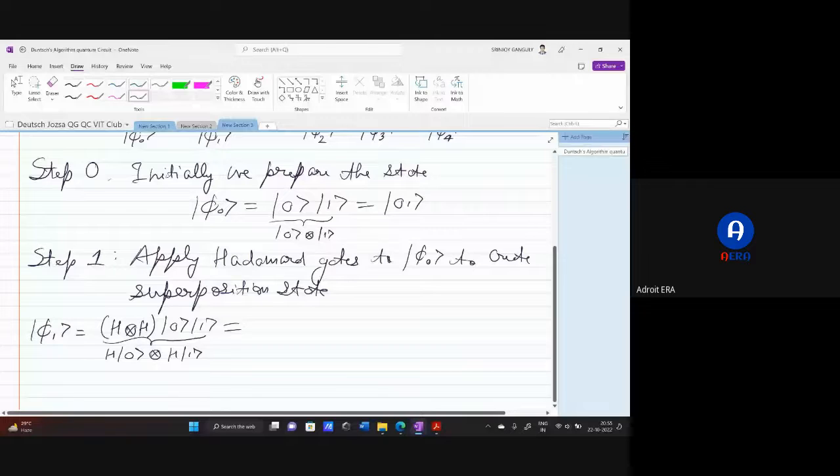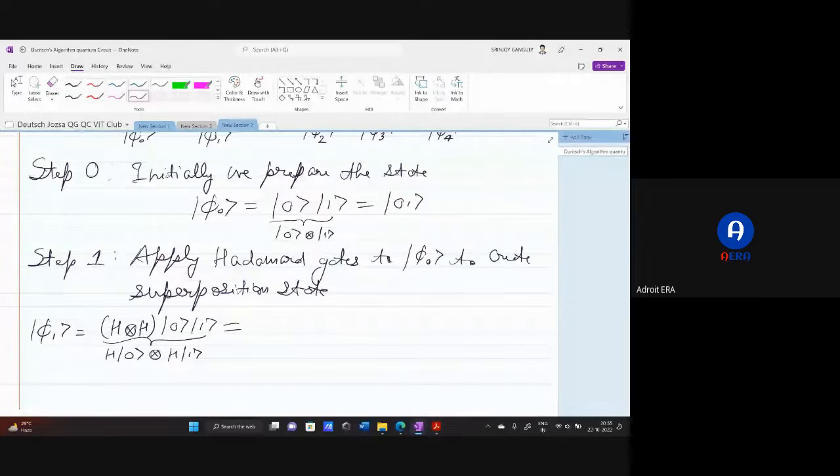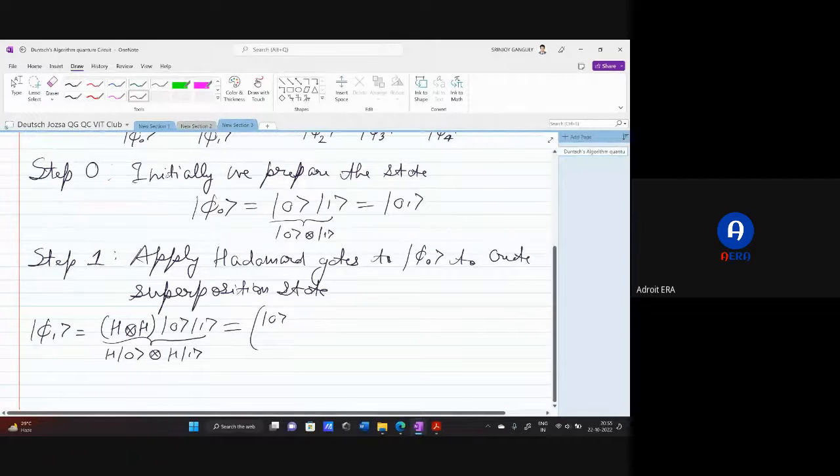Now what is going to happen? So Hadamard applied to ket 0 will be what? Ket 0 plus ket 1 divided by root 2. Okay, and then ket 0 minus ket 1 divided by root 2. Right?